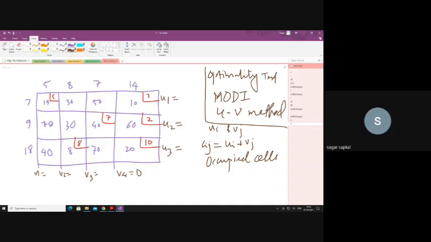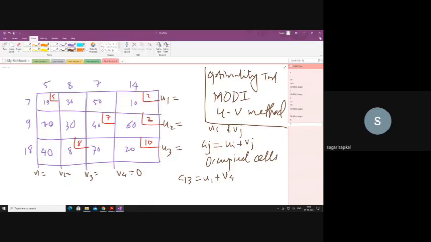Okay, if you are confused: C14 is equal to U1 plus V4. Cij is equal to U_i plus V_j for an occupied cell.